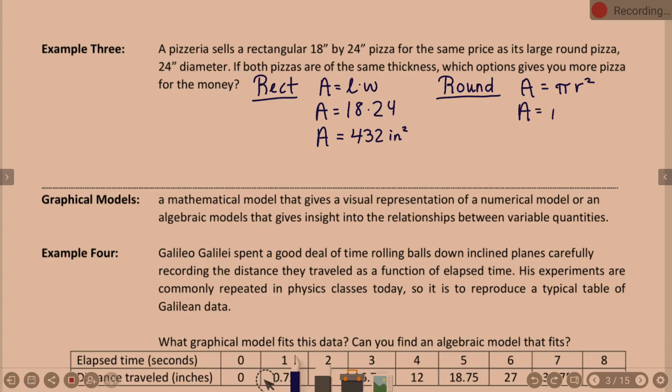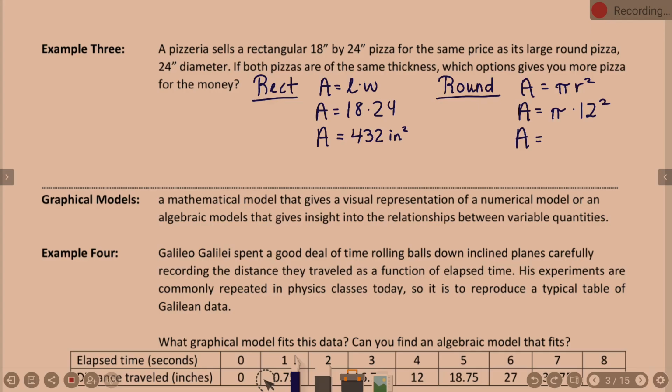So pi times, what's the radius? 12. Pi times 12 times 12? Would it be 144 pi? Where's the pi button on these calculators? For the exponent, it's the second function. Can you compare that to 432?